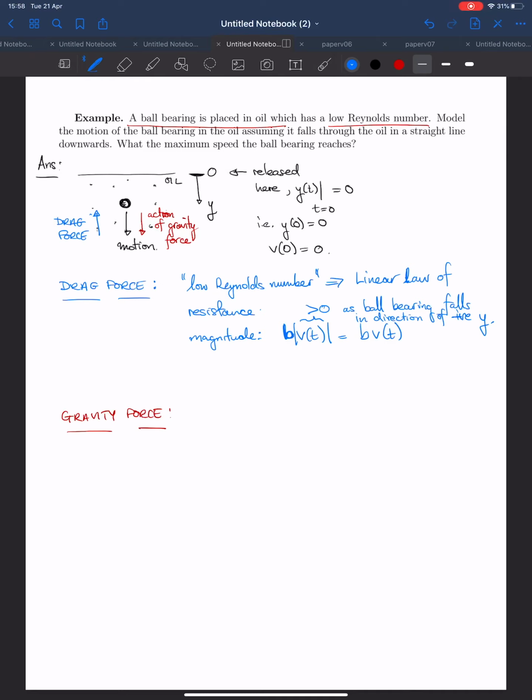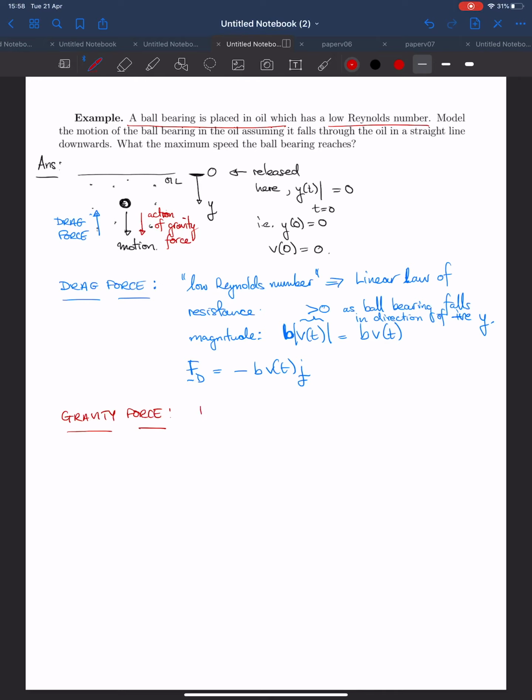Knowing this, my Fd is a force that opposes the motion according to the diagram, so I need this minus sign. This uses techniques that we've used before in the introduction to dynamics.